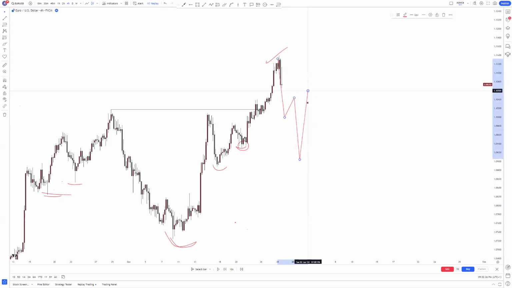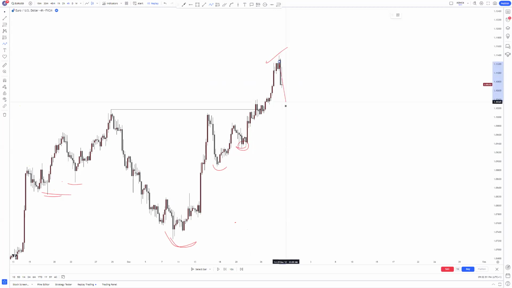The reason I'm saying this is so that you will learn to understand that structure from 1 hour could be different from structure from daily. Your daily might be bullish and 1 hour might be bearish because that 1 hour could just be a pullback of what is happening on the higher time frame. That 15 minutes could just be a pullback of what is happening on the 1 hour time frame. So if you understand this concept, you will not get lost.